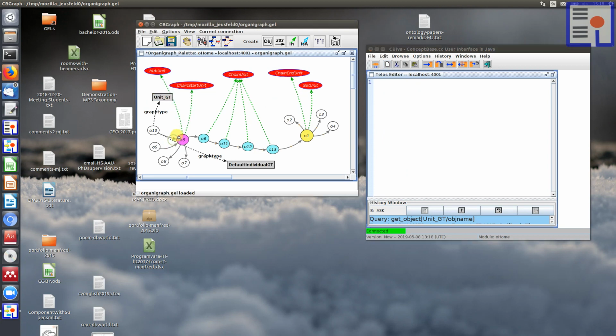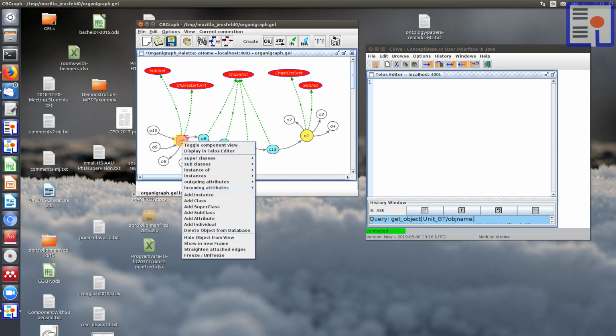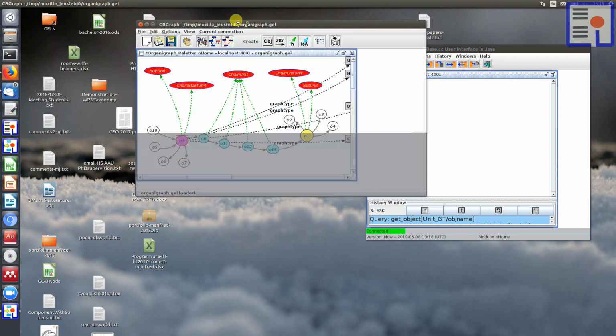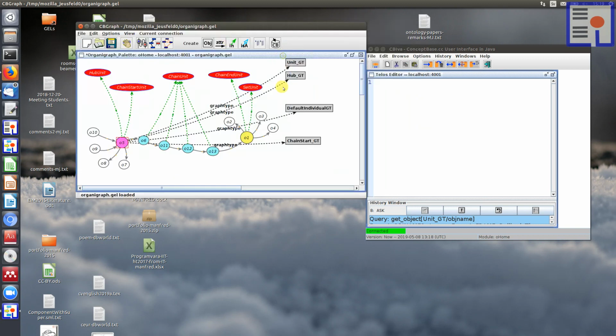Let's have a look at, so let's hide this here and hide that here. Let's have a look at the graphical type of this one here. So that has three possible graphical types.